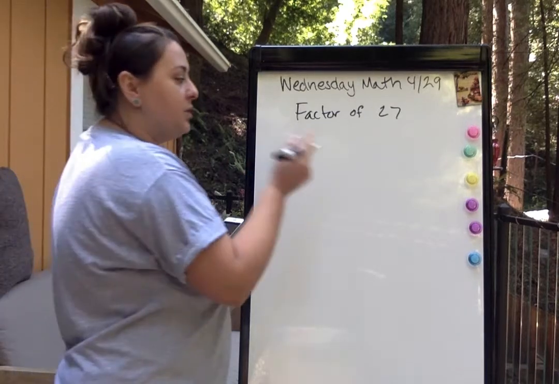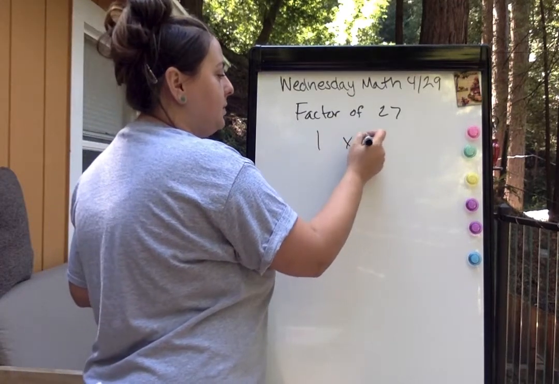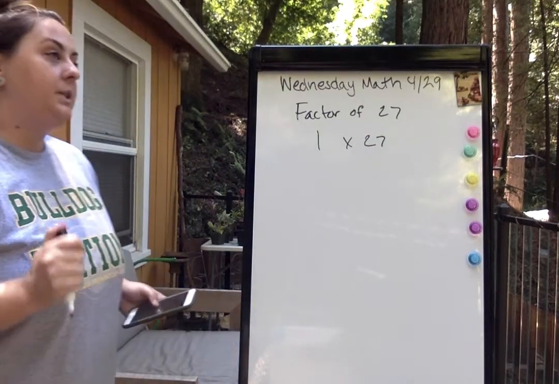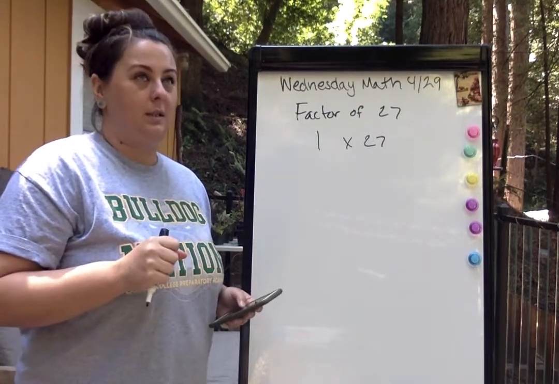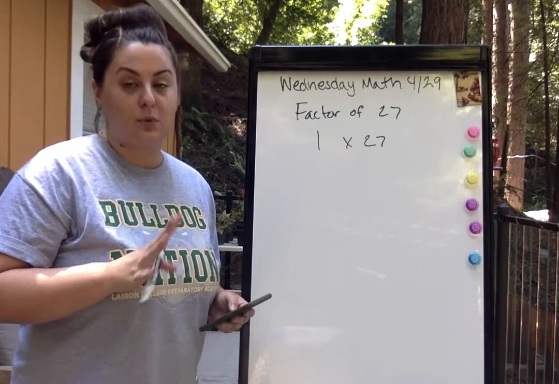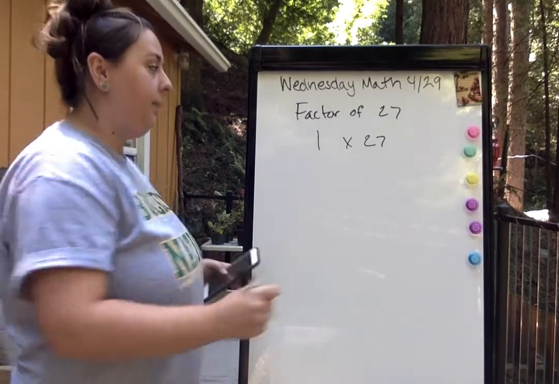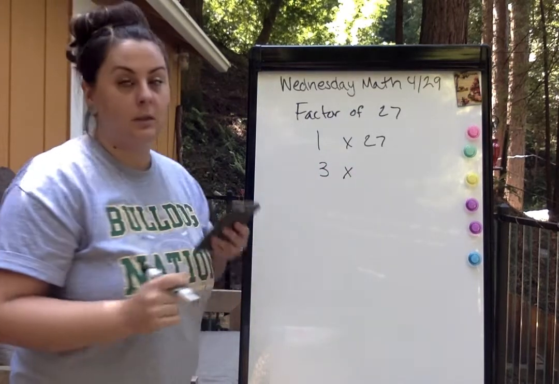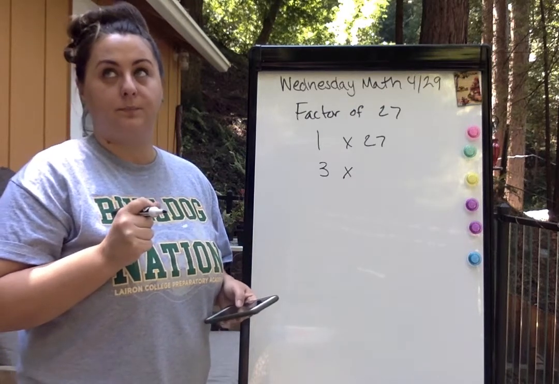Okay. First one's always the easiest because 1 times 27 is 27. But 2 times what is 27? Well, 27 is an odd number, so 2 is not going to go into it. But 3 times what is going to equal 27?